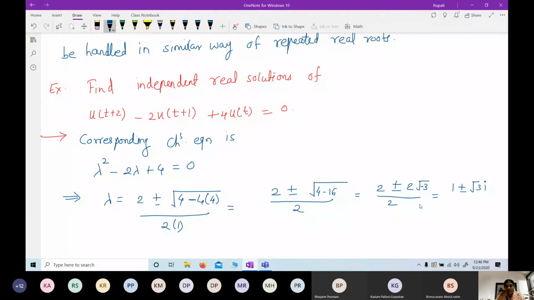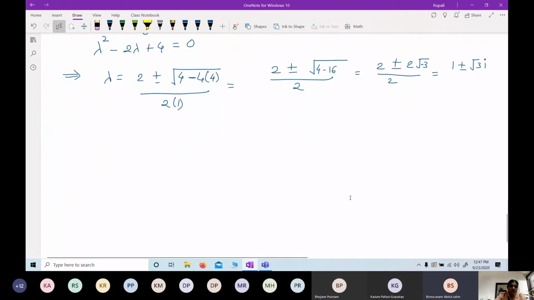So 1 plus or minus root 3 i, complex roots. Is that right? Yes, ma'am. So it has complex roots. Therefore lambda is nothing but 1 plus or minus root 3 i.